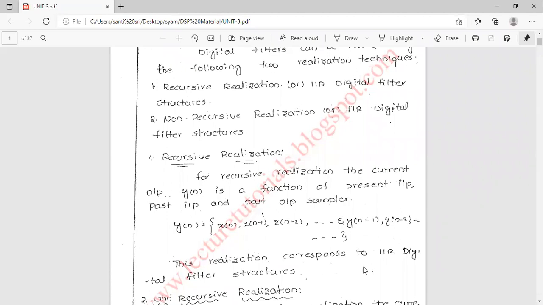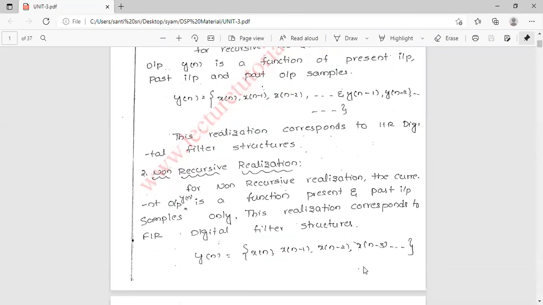This realization corresponds to IIR digital filter structures. Recursive realization means the present output y of n depends upon the present input, past inputs, and past output samples.